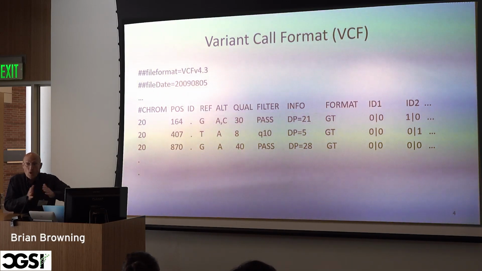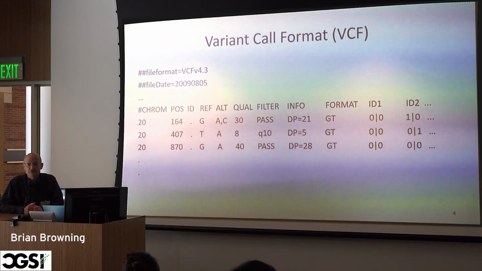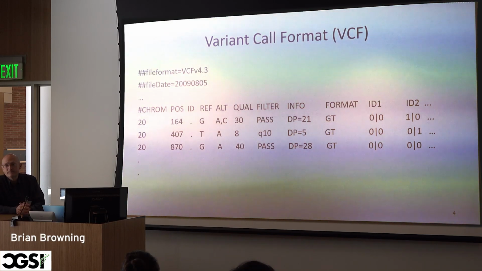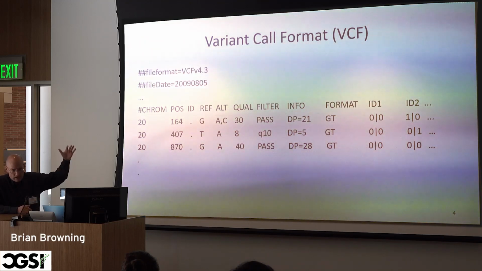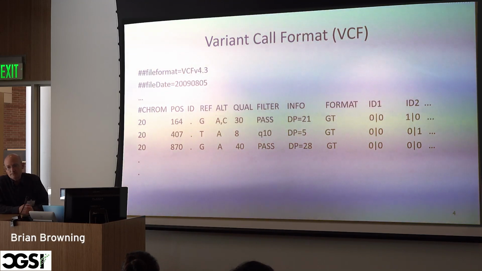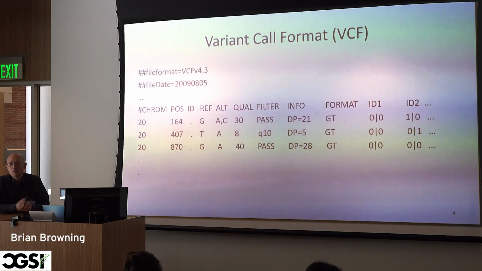So you have a very wide file. And if you're dealing with a large set of 500,000 individuals, a large chromosome could have 100 million lines. So essentially you have this huge matrix, 100 million rows, more than 1 million columns, and that's unwieldy to work with.